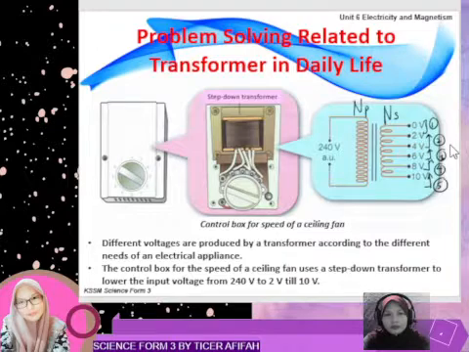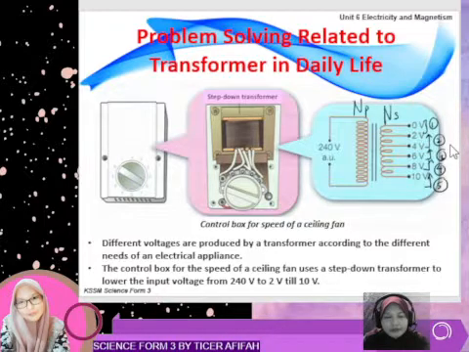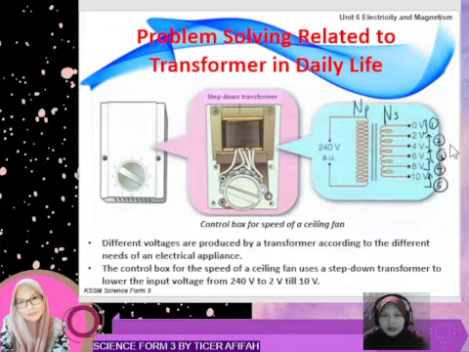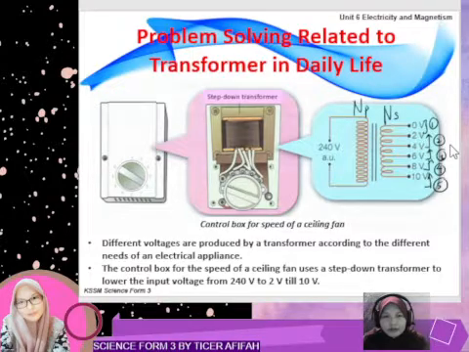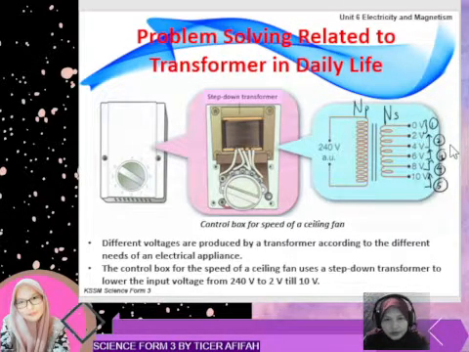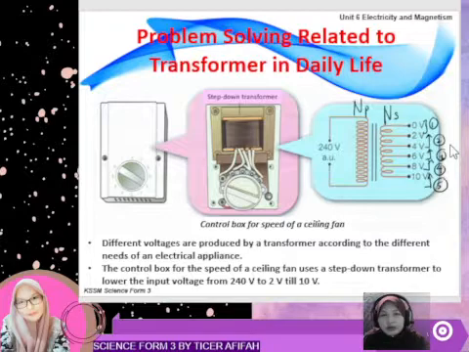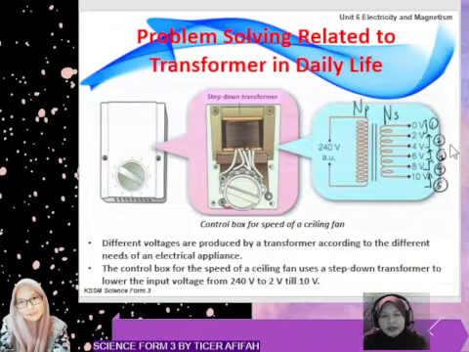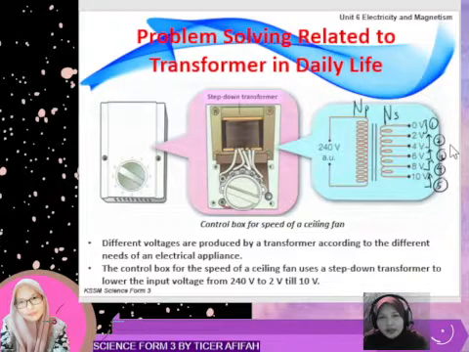So for example, let's look at the ceiling fan regulator. Inside the ceiling fan regulator there is a transformer. So the transformer consists of primary voltage, primary coil, number of turns at primary coil and number of turns at secondary coil.